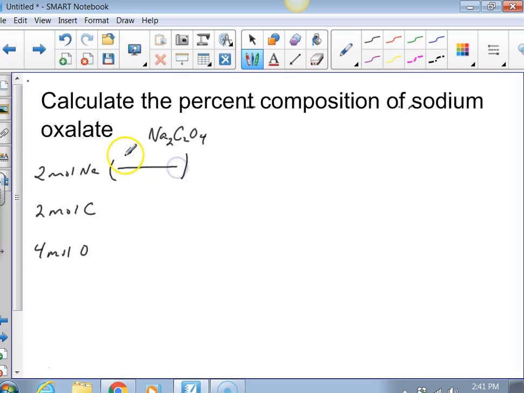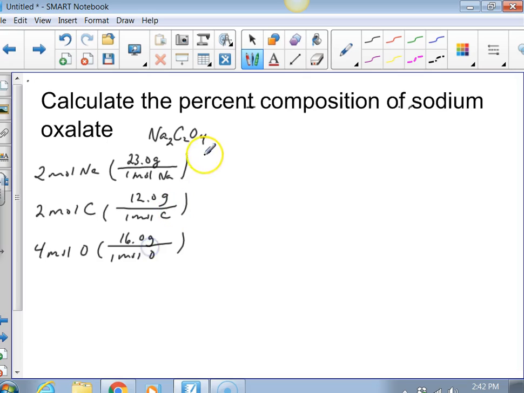To 3 significant figures, every 1 mole of sodium is 23 grams. Every 1 mole of carbon is 12 grams. And every 1 mole of oxygen is 16 grams.